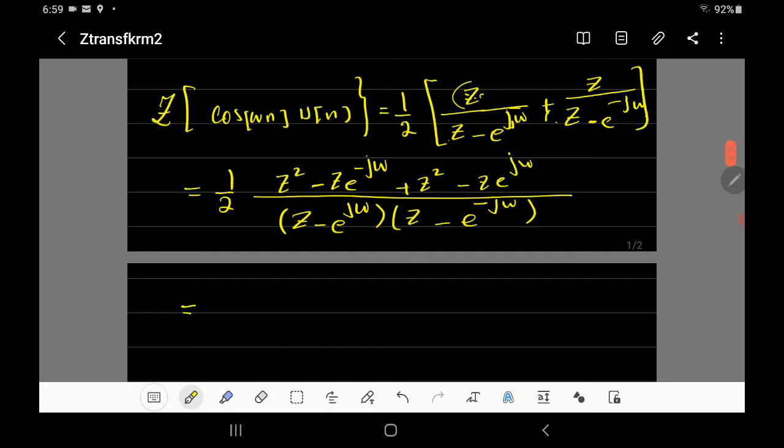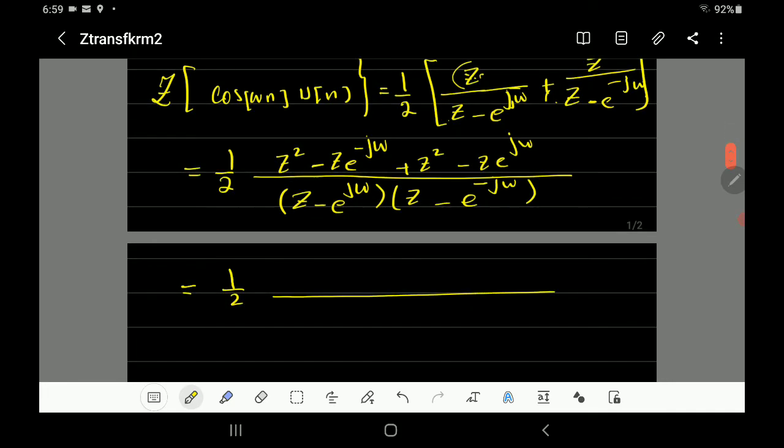So now I have this expression, and we'll try to simplify it more. It will be equal to 1/2. I'll multiply the ones on the bottom here. Z times z is z square. Z times minus e to the minus j omega is minus z e to the minus j omega, minus z e to the j omega. Multiplying both exponentials, e to the j omega and e to the minus j omega.